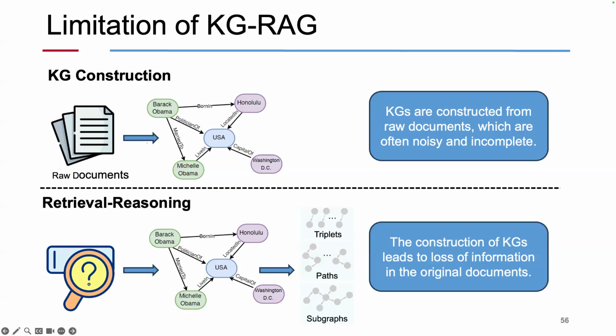And also this kind of construction from raw documents can lead to some information loss. When we convert the raw document into a knowledge graph, maybe some factual knowledge has been ignored and not properly represented in the knowledge graph. So directly utilizing the knowledge graph to enhance reasoning has a certain limitation.